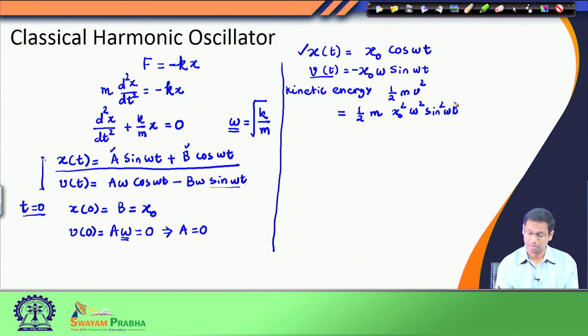This is my kinetic energy, but omega is k over m under square root, so omega square is k over m. So, this m and the other m cancel out, and I am left with half k x 0 square sin square omega t.